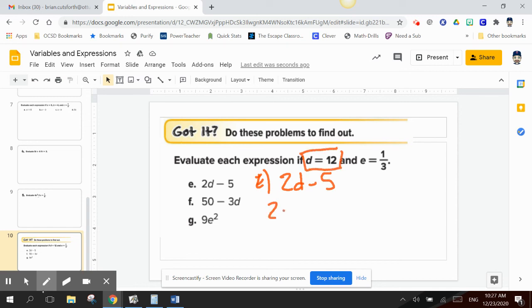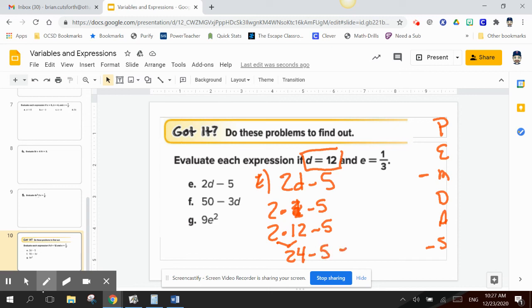So 2 times d minus 5. 2 times, I take away the d, put in 12, and subtract 5. Order of operations. I know that I have to multiply before I subtract. 2 times 12 is 24. Minus 5 is 19.